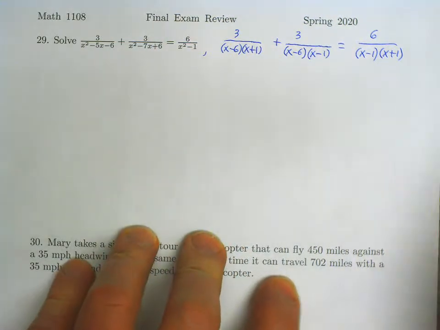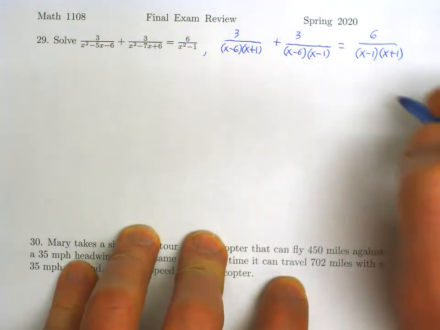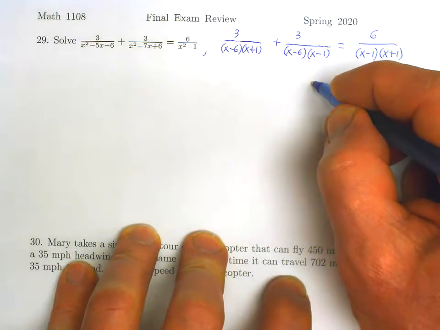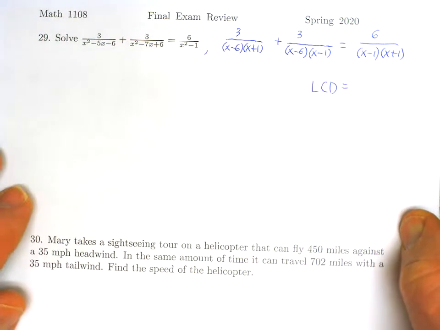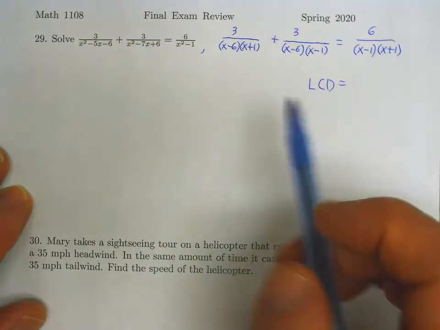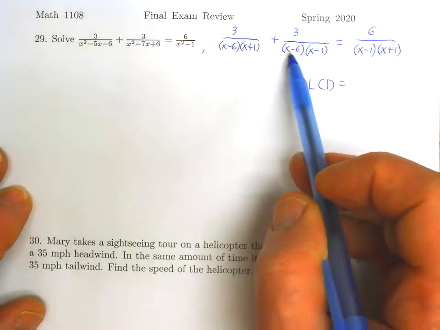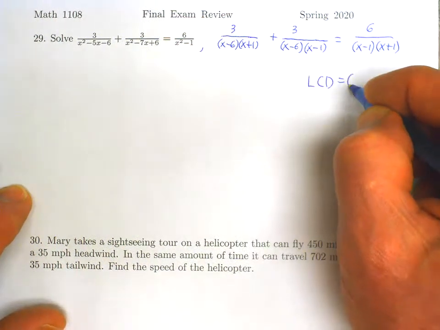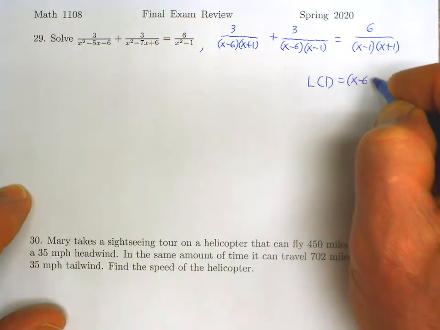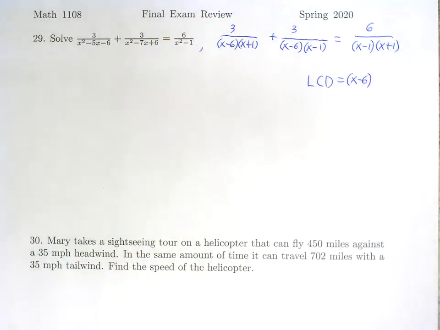Okay, so now we can identify the least common denominator. So x minus 6 is one of the factors in two denominators, so the least common denominator has to have x minus 6.